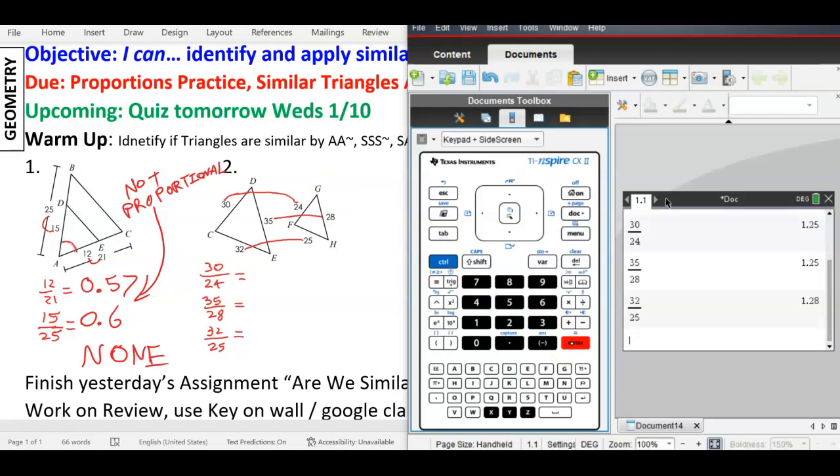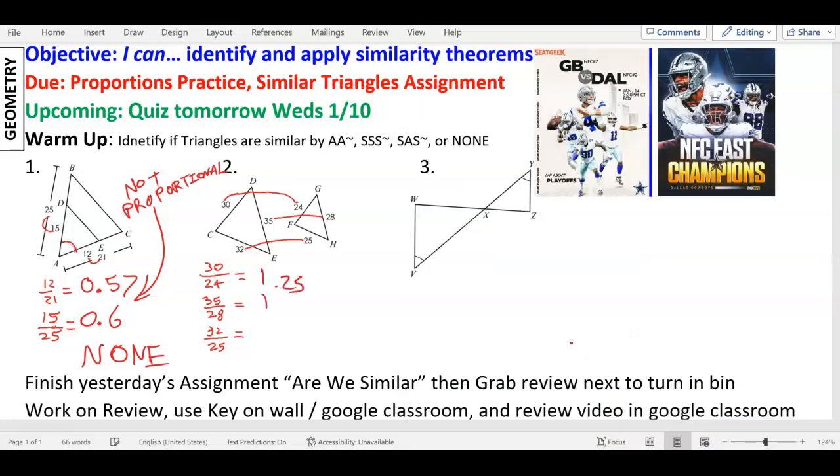Are they all proportional? The last one is not the same, right? Close, but it's not the same. So these three sides, very close, but they're not exactly proportional, okay? 1.25, 1.25, 1.28. Since this one down here is different, those are not proportional.